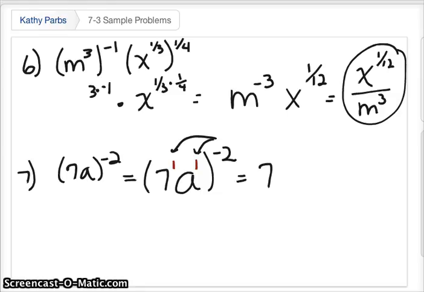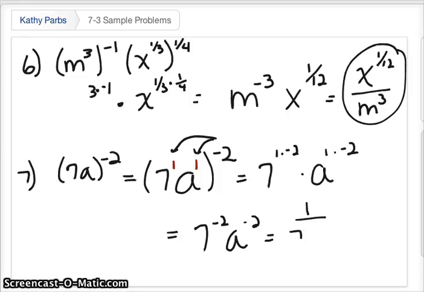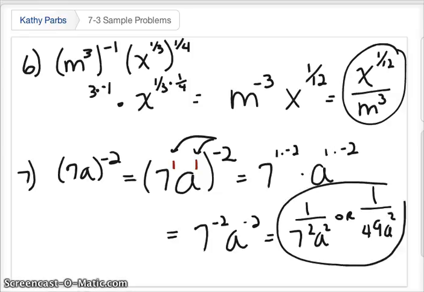So that would give you 7 to the 1 times -2 times a to the 1 times -2, which equals 7 to the -2, a to the -2, which simplifies to 1 over 7 squared a squared, or you could write that as 1 over 49 a squared. Either one of these answers is okay. 7 squared is 7 times 7, which is where the 49 came from. I don't care which way you leave your answer.